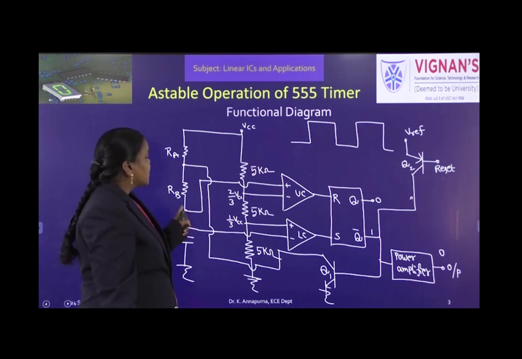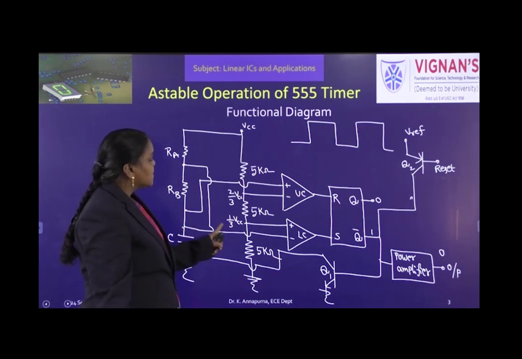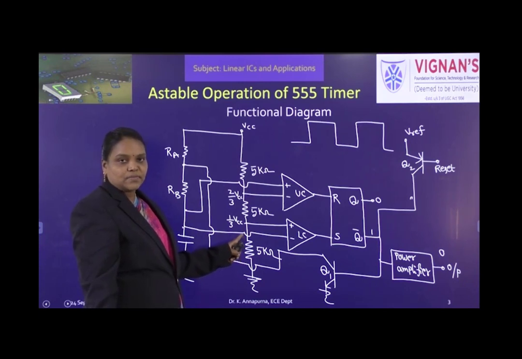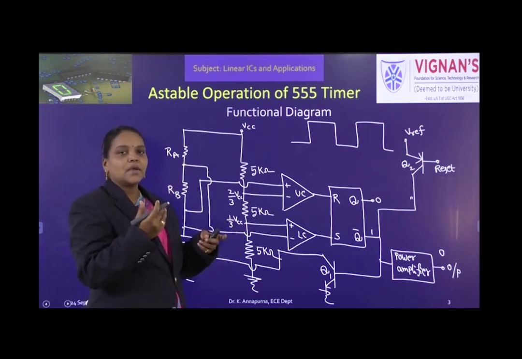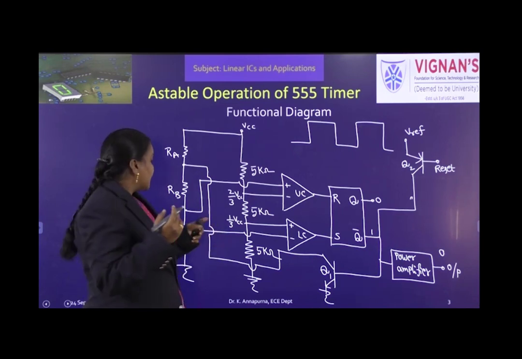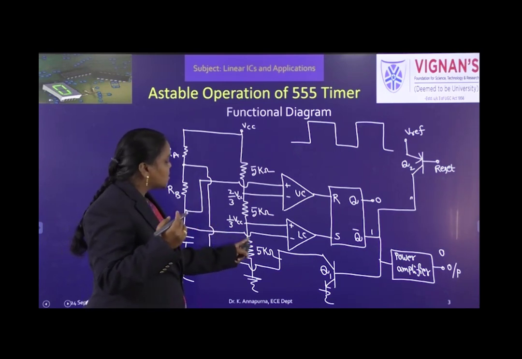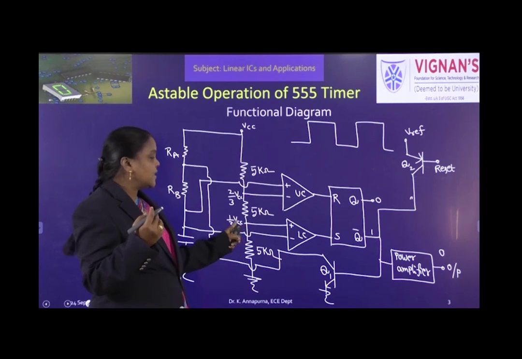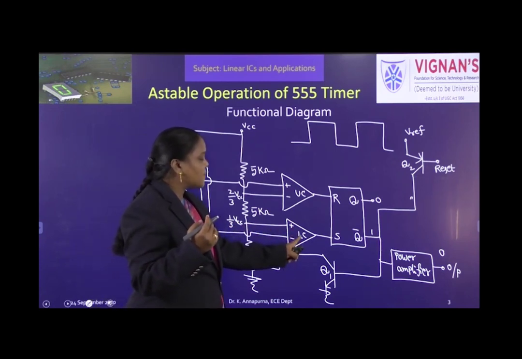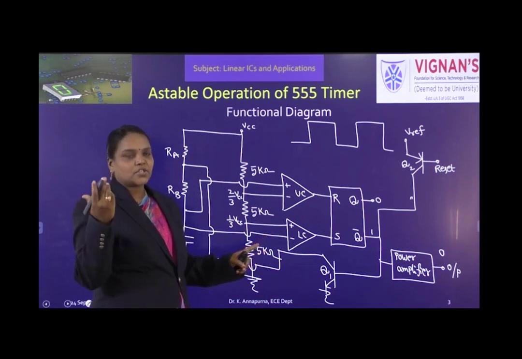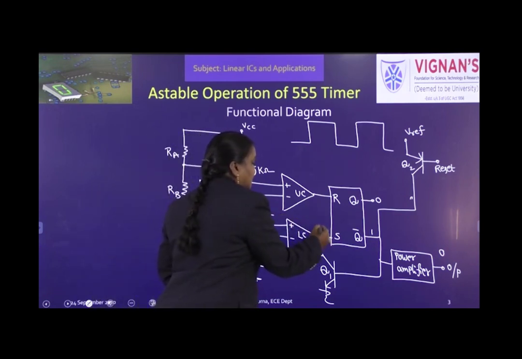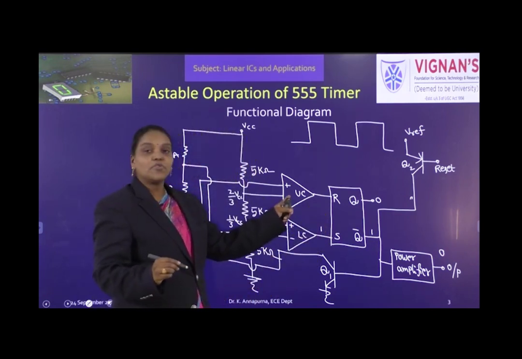Okay, so its voltage is getting decreased, it is discharging towards 0. And whenever the capacitor voltage falls below 1/3 VCC, the lower comparator output becomes logic 1 or plus Vsat. So this is 1. And what about this?